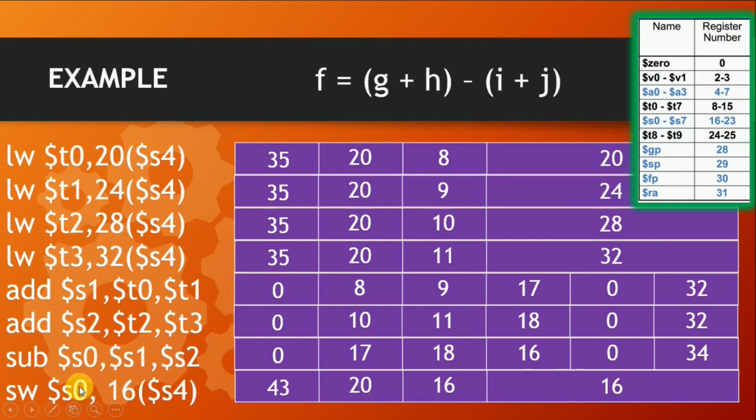Actually here S0 is my source, so 16 has to come here, and S4 is my destination register, 20 has to come here. So 43, 16, 20, 16 will be the correct value.